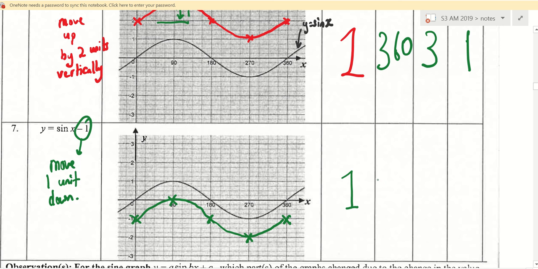Period is 360. What's the maximum now? Good. Minimum? Green graph. Is that okay? Okay. Good.